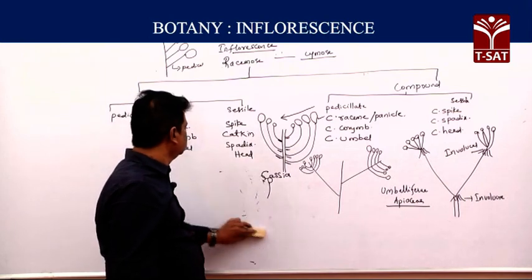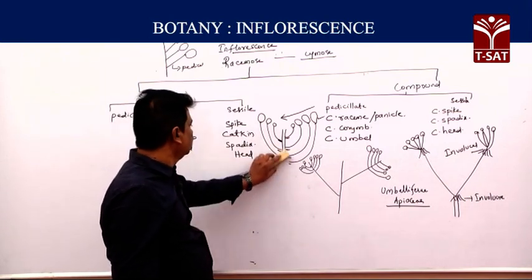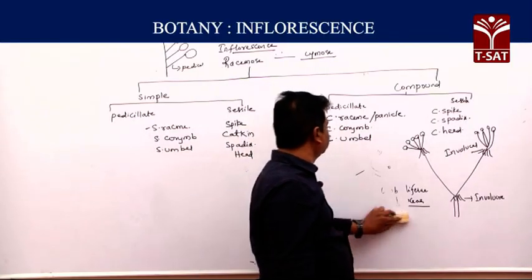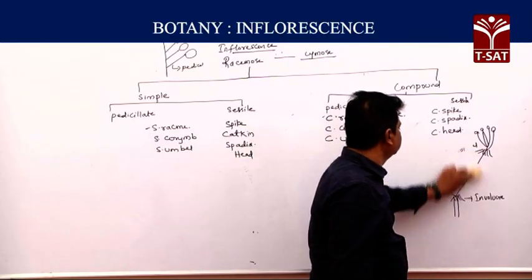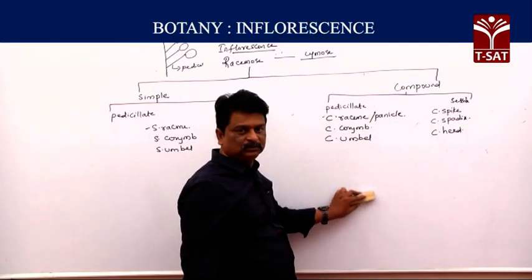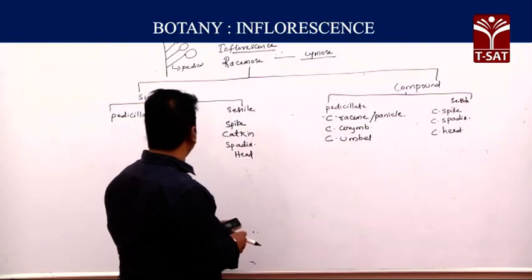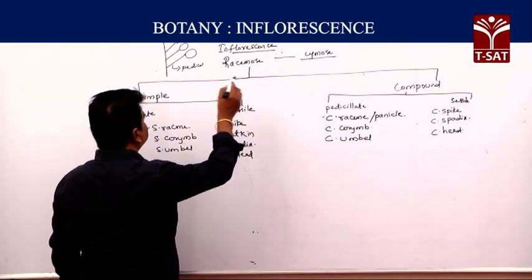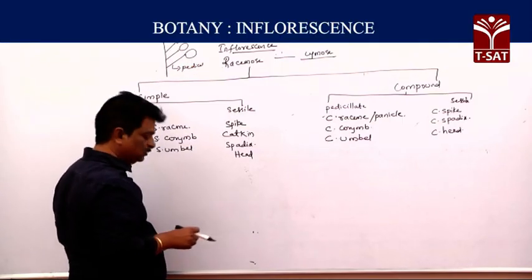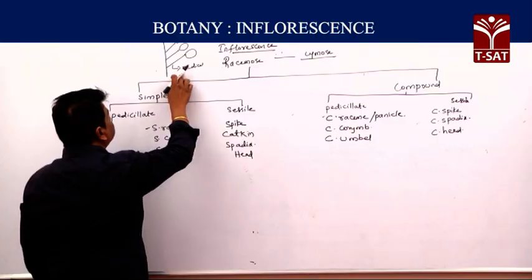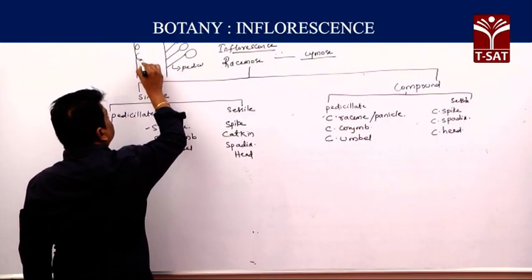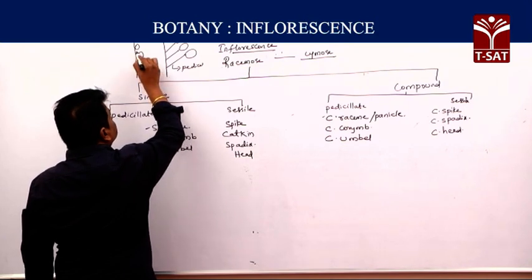Next one, racemose and sessile inflorescence. Under racemose, sessile inflorescence, the first one is spike. First one is simple spike. Simple spike means it is exactly similar to simple raceme, but the only point is that flowers are sessile.